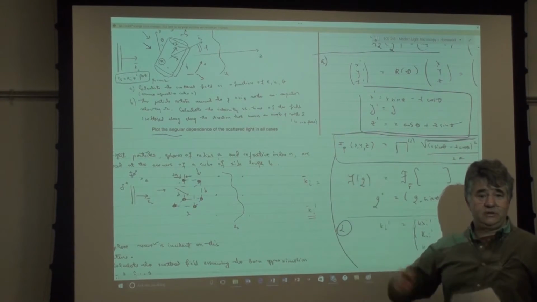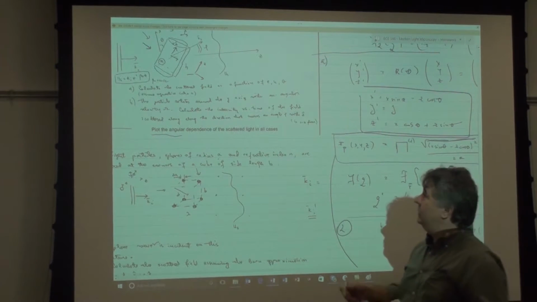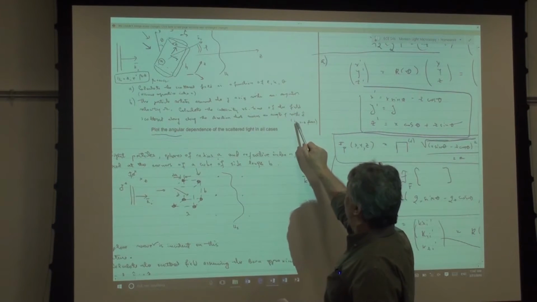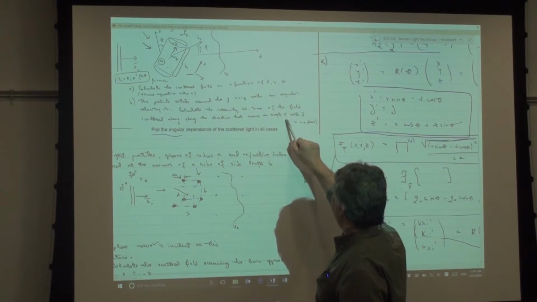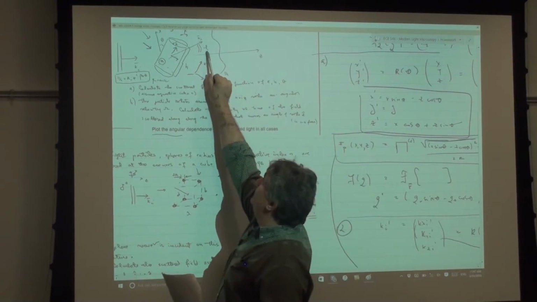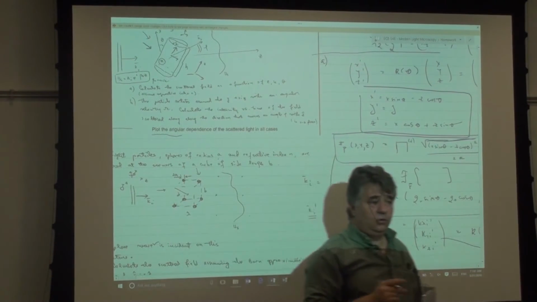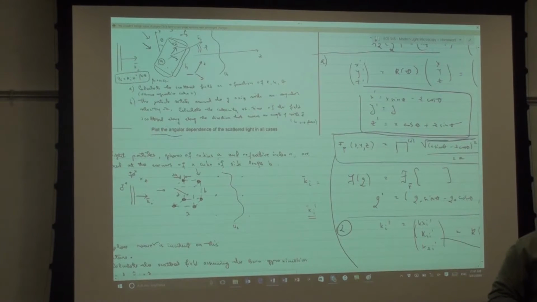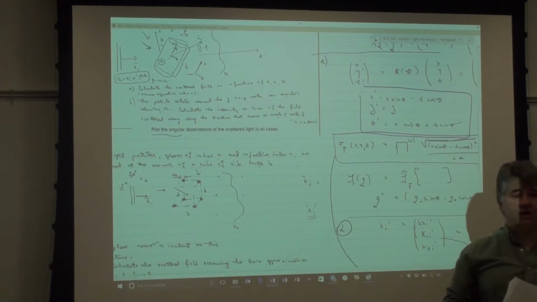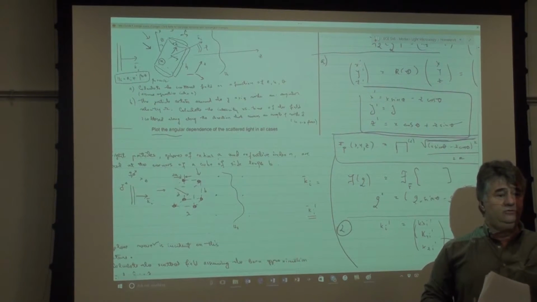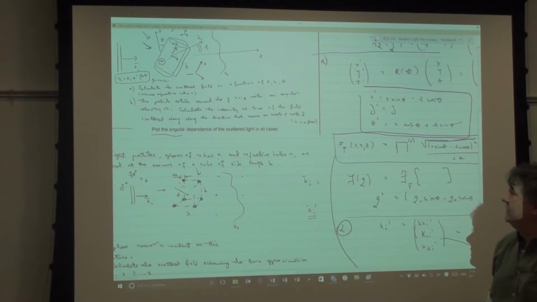You just plug theta as omega t. Then express the results with respect to phi, I'm sorry. So phi describes your components of the ks, right? So you can write it as cosine of phi, sine of phi, and the magnitude is always k naught for both incident and scattered, but pretty much that's it.